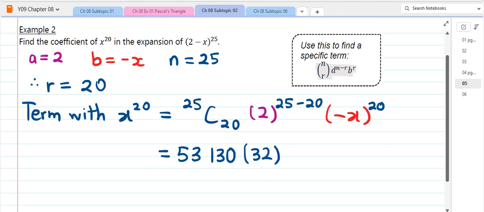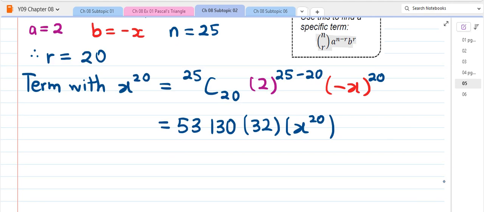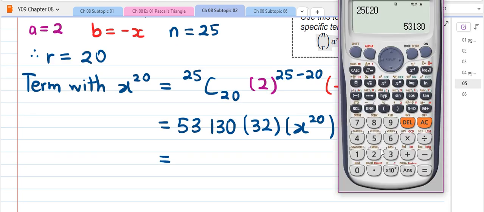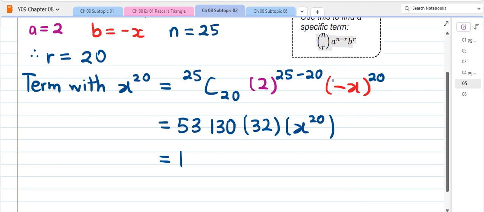And negative x to the power of 20 is going to be positive x to the power of 20. So if I multiply 53,130 times 32, it will give you over a million: 1,700,160x to the power of 20. So there we have it.